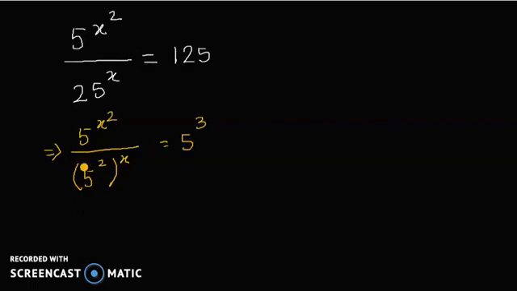Now we can write this again as 5 raised to power x raised to power 2 equals 5 raised to power 3 times 5 raised to power 2 times x, that is 2x.